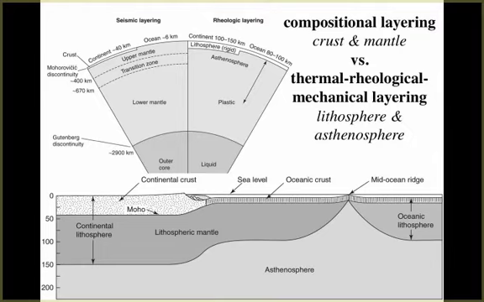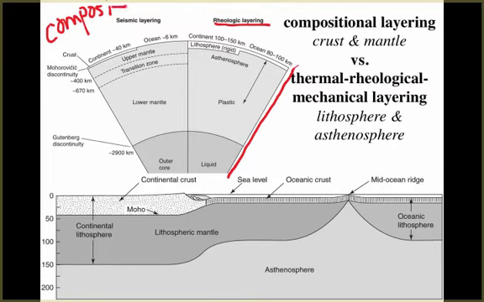Those can be a rheologic layering that includes the lithosphere, asthenosphere, lower mantle, and the core, or that can be a seismic or a compositional, a chemical layering in the Earth that includes the crust, the mantle, and the inner and outer core.